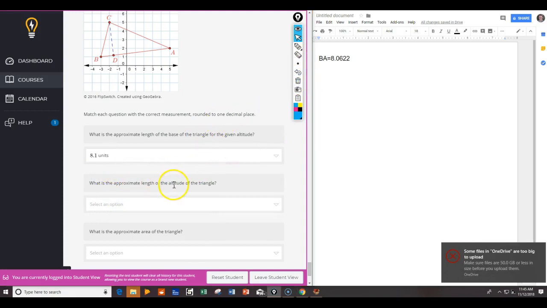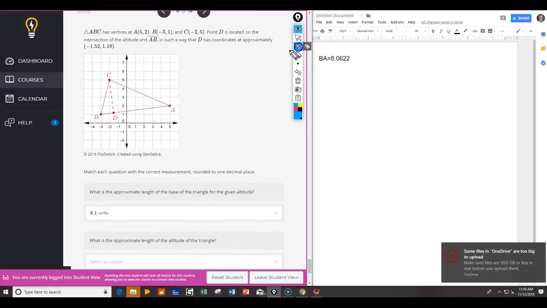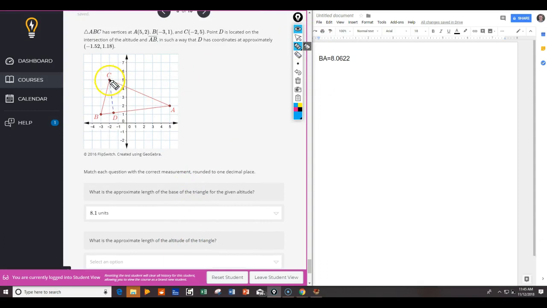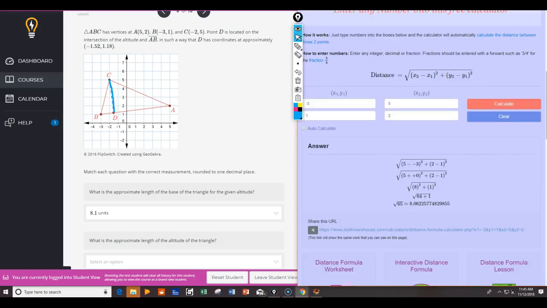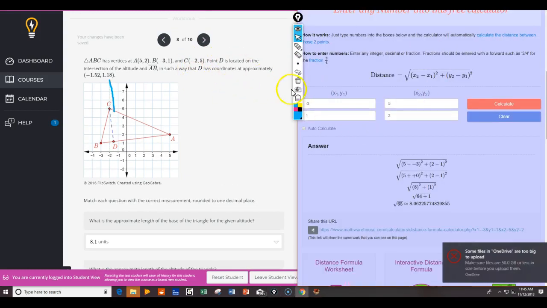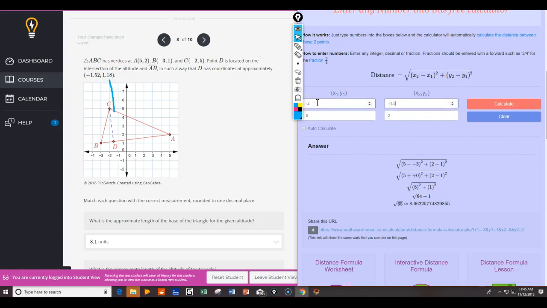What is the approximate length of the altitude of the triangle? Okay, so the altitude of the triangle is from point C to point D. So in our distance formula calculator, point C is at (-2, 5), and point D is located at (-1.52, 1.18).